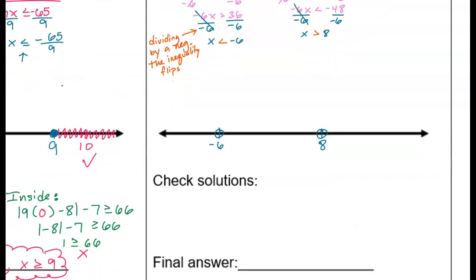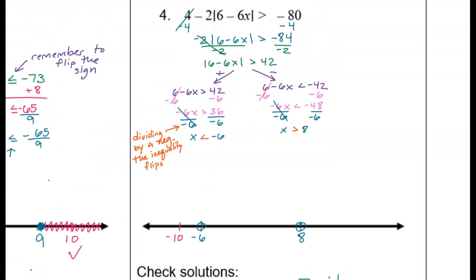And as always, I need to check my inside and outside to know where to shade. So I'm going to choose, let's see, I guess this time I'll choose a negative 10. Again, it doesn't matter as long as it's somewhere on the outside of your two boundary points.